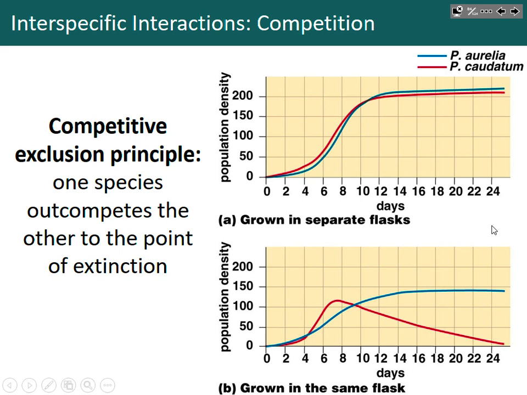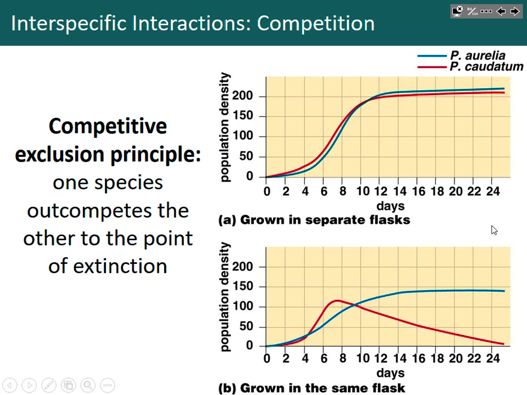If you maybe remember paramecium from our single-celled protist lab, they were growing paramecium in a flask of nutrient broth. And if you grow those paramecium in separate flasks, we have two different species here, Aurelia and Caudatum, their populations grow in a very similar logistic growth pattern, and they have similar total numbers in a flask of the same nutrients.